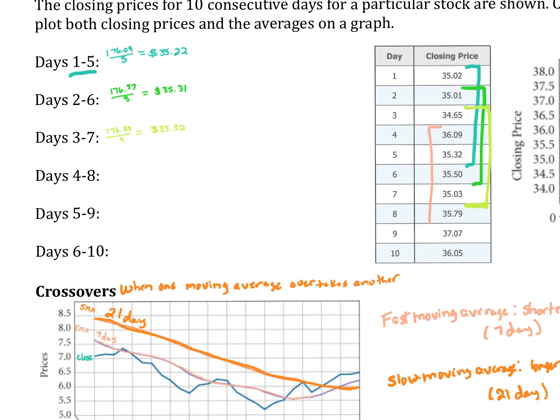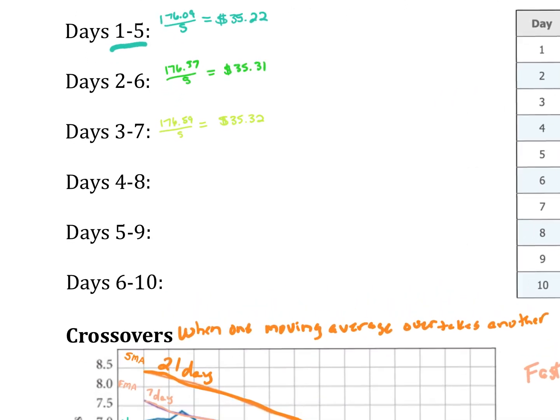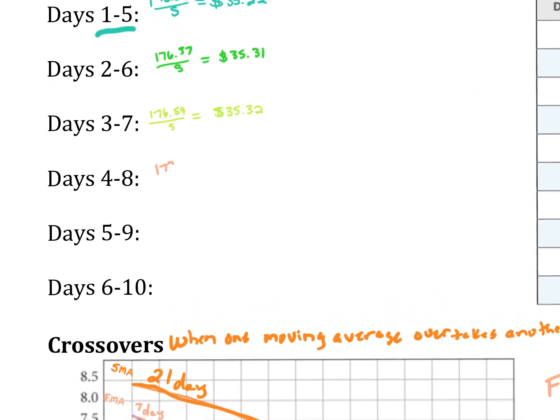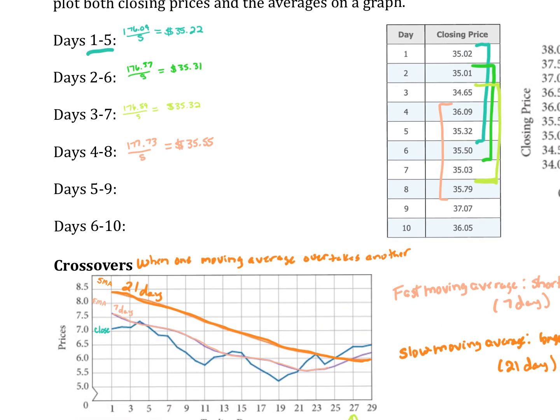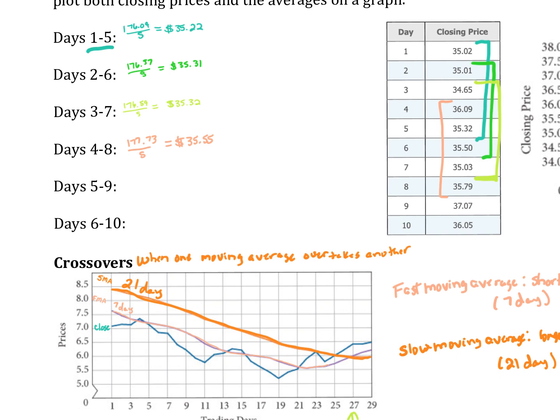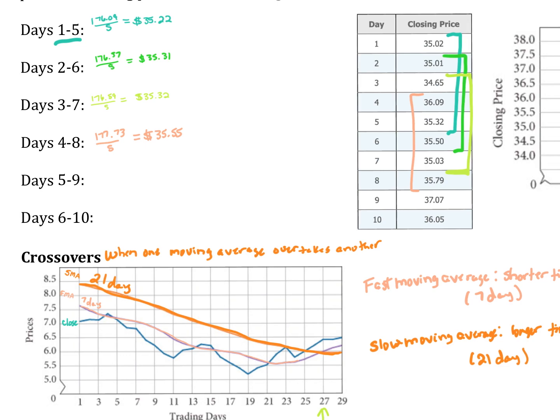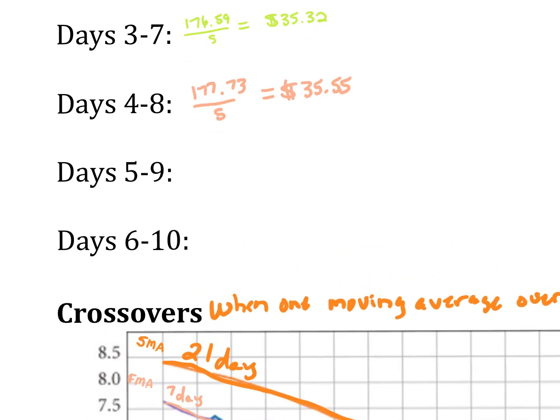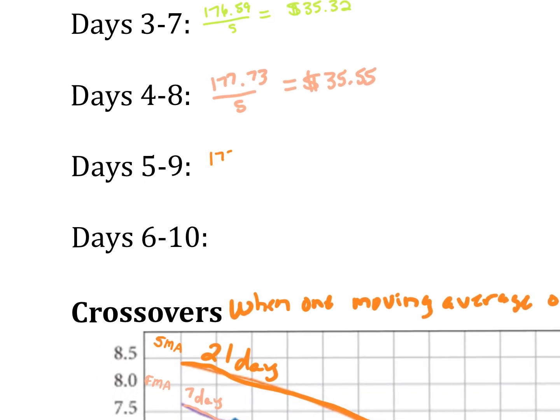So 4 through 8, if we're adding those together. So add all of those up. Divide by 5. This one is 35.55. And then these last two here. So for days 5 through 9, that total is 178.71.